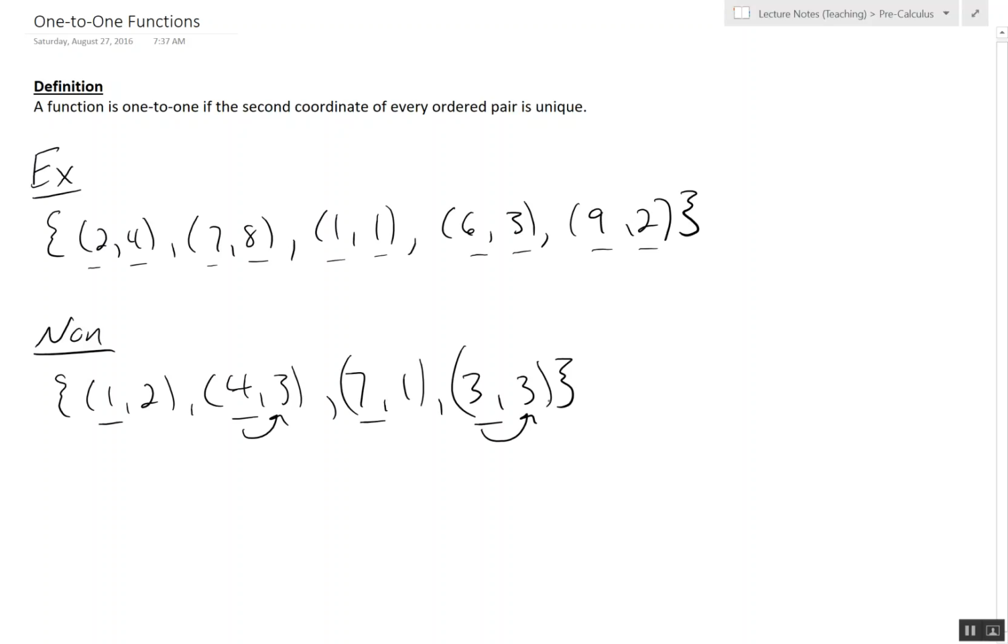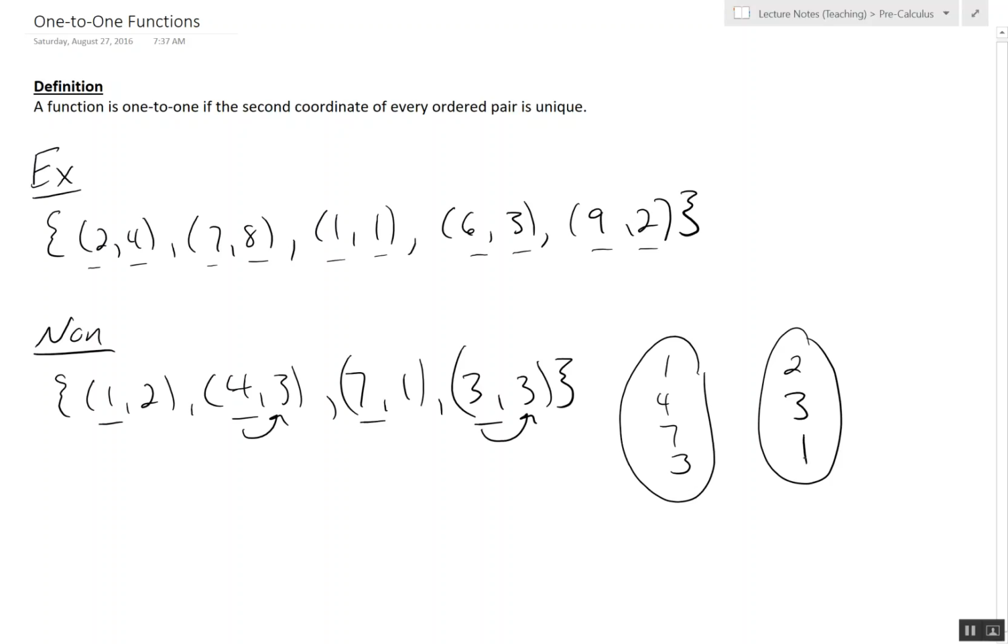If you want to think about it in terms of arrows, here's 1, 4, 7, 3, and 2, 3, and 1. And so a function says that you have a unique arrow coming out of each number.